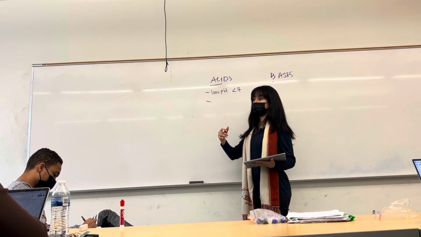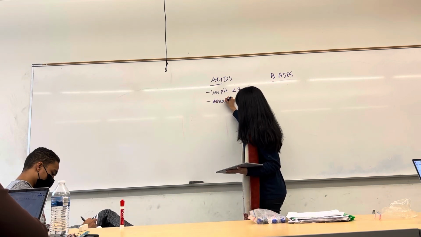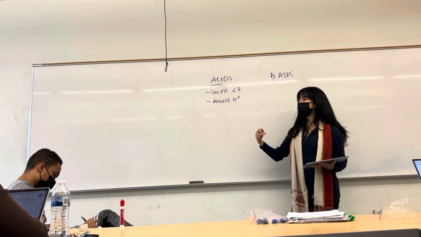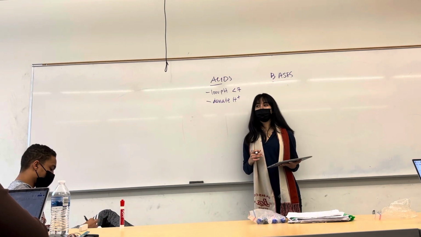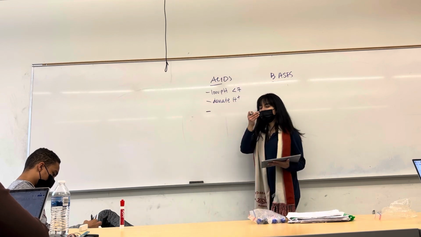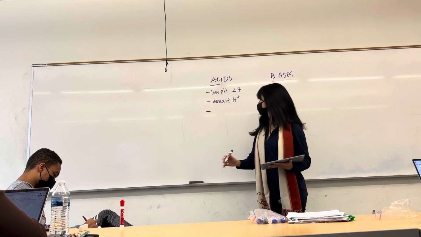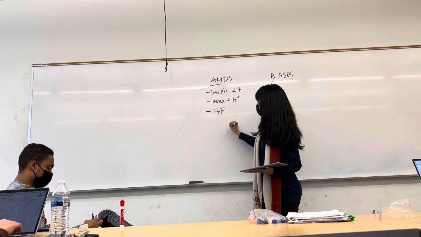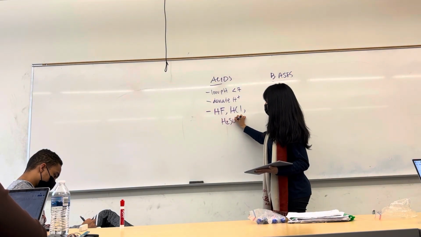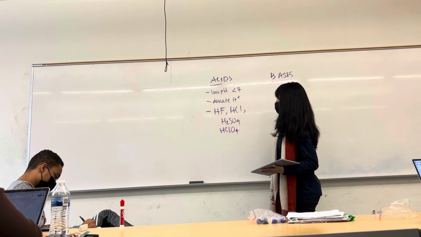They usually donate hydrogens, right? They donate hydrogens. The next thing that you should probably know about acids is that if you look on your paper and you don't know if this is an acid or a base: HF, HCl, H2SO4, HClO4.